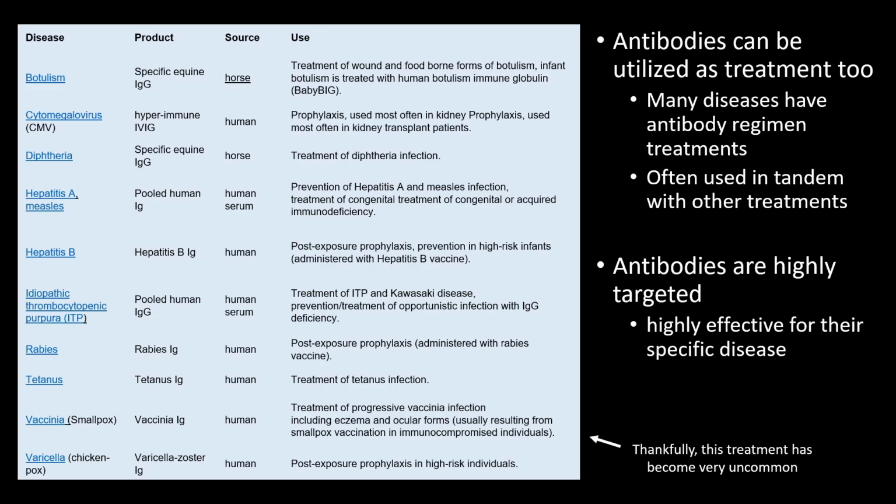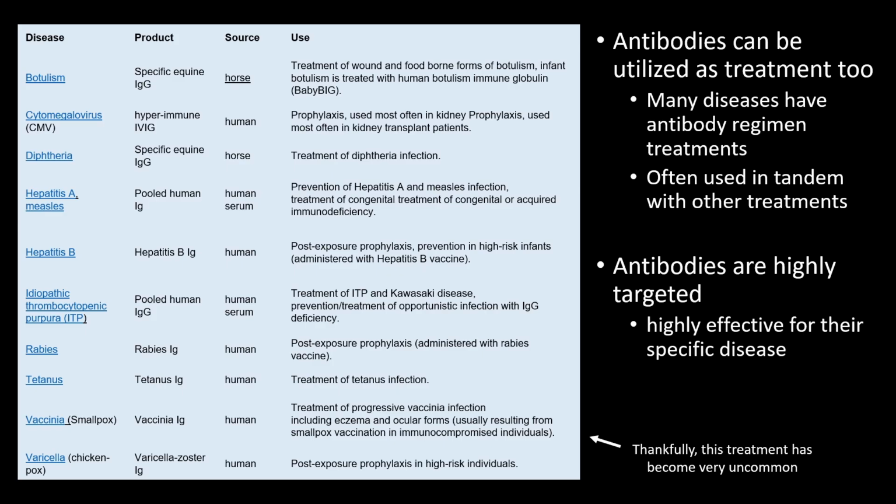This is also something that can be used as a treatment for some diseases as well. So we can actually give somebody antibodies to specific diseases, and that can be itself a treatment for those diseases. So, there's lots of things like this.